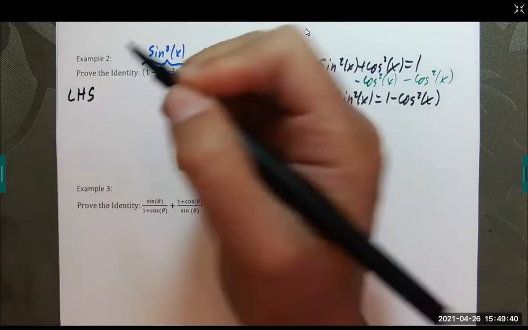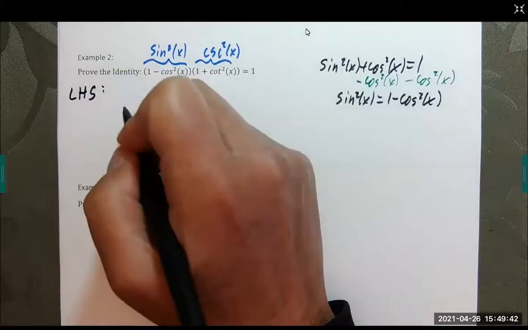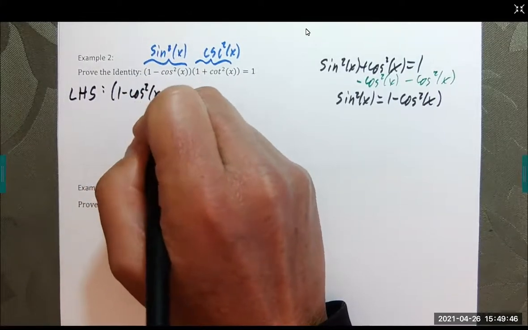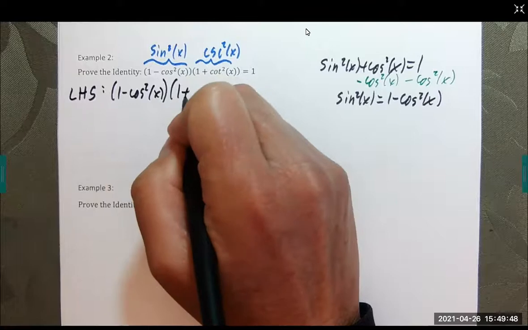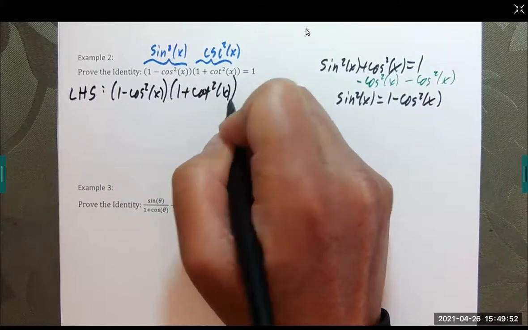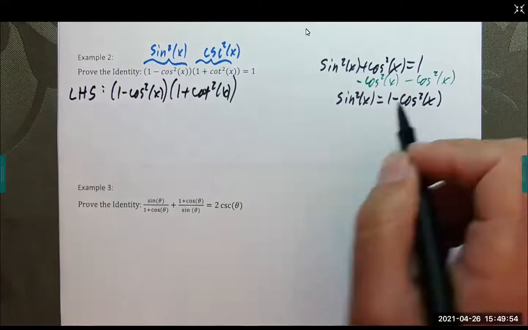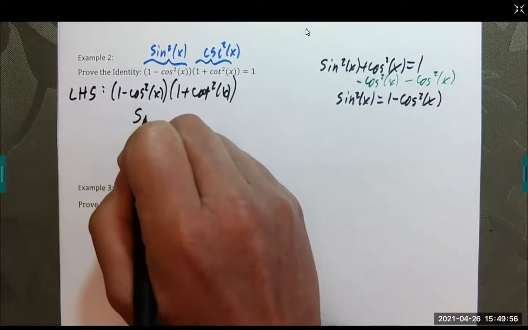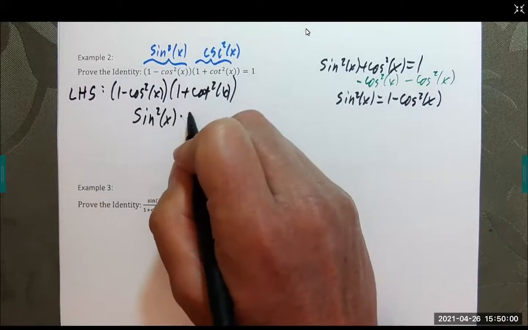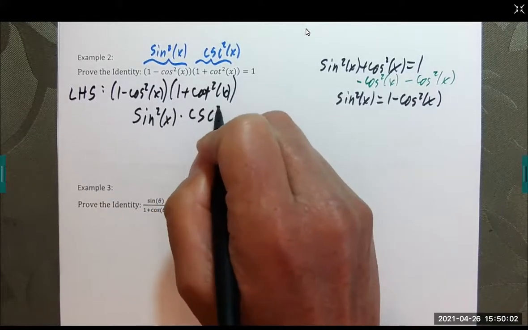Left-hand side, we start with 1 minus cosine squared x, 1 plus cotangent squared x. And we just showed that this is now sine squared x times cosecant squared x.